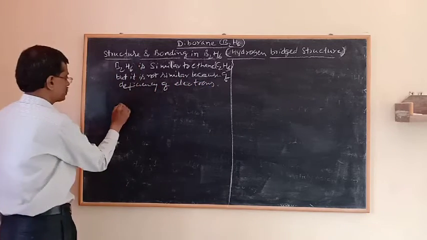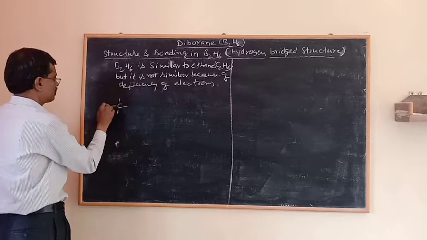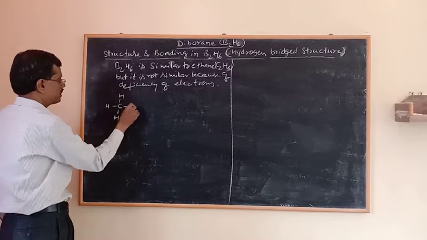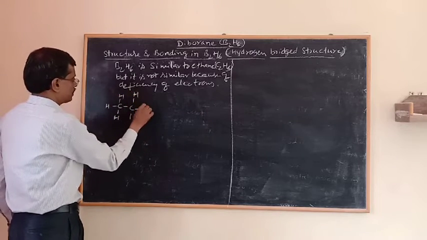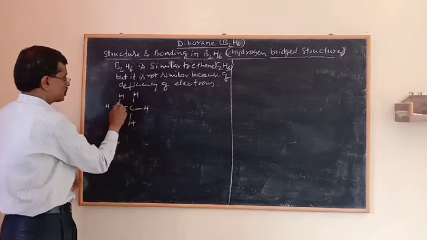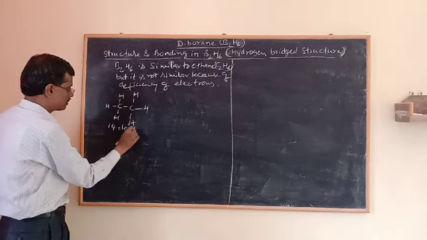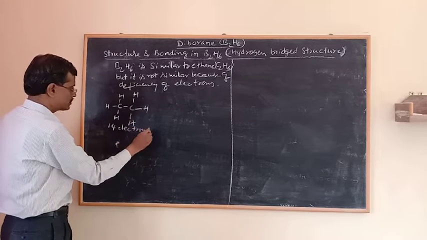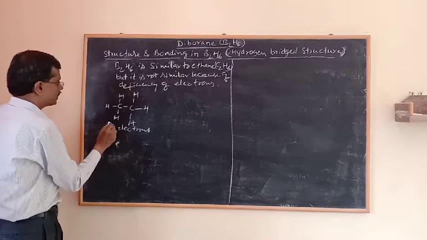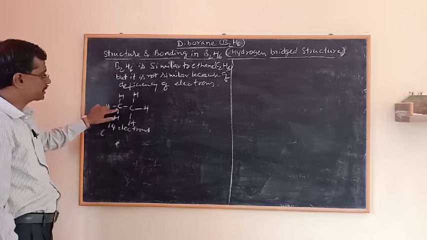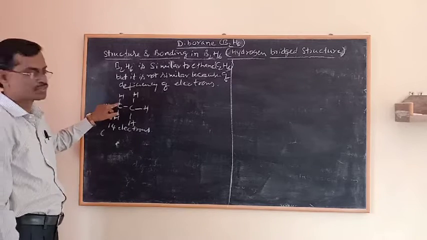By seeing the structure, we can study this. So this is the structure of ethane. Here there are totally 7 bonds, so 14 electrons are there. All are completely satisfied, and this is a two-centered, two-electron system.